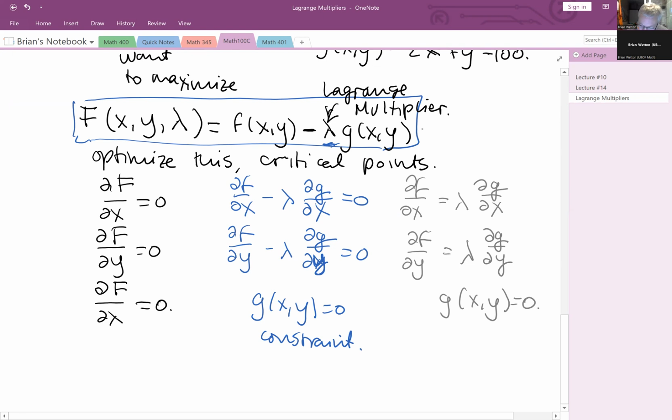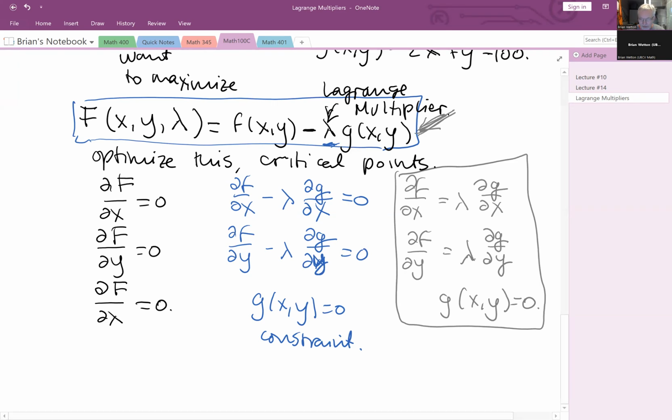Now, you can remember the method of Lagrange multipliers from that formula in the blue box, or you can remember it from this next stage in this gray box. And it's this formulation that has the actual meaning behind the method.